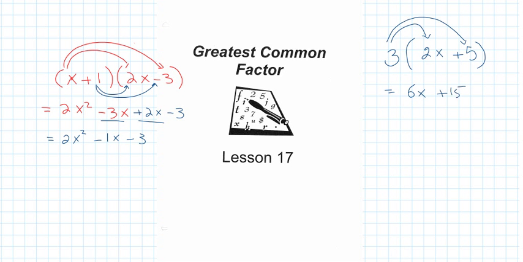So today we're going to move backward. Today we're going to go from this format to this format. And then the next day, we're going to go from this format to this format. So we're going to do the backward steps. So let's look at the greatest common factor.